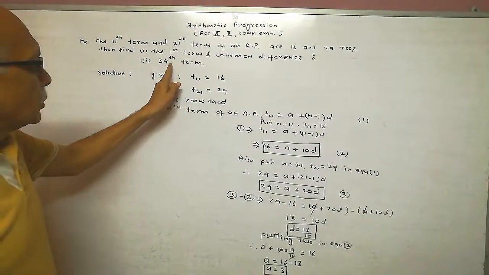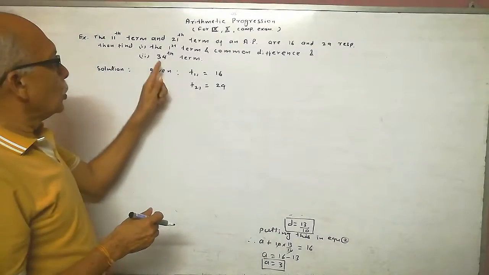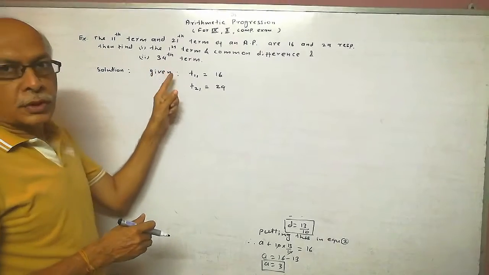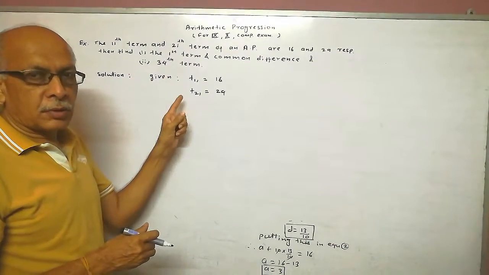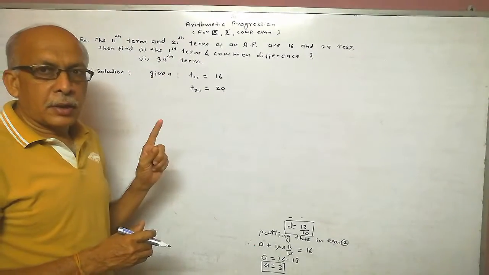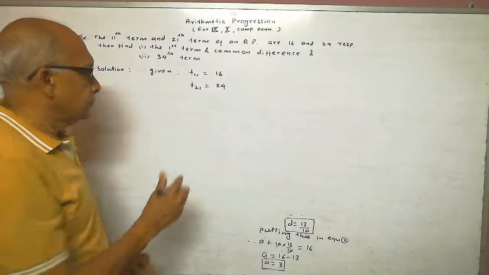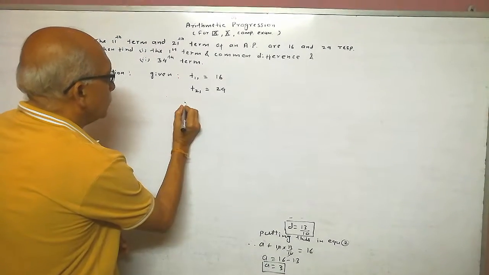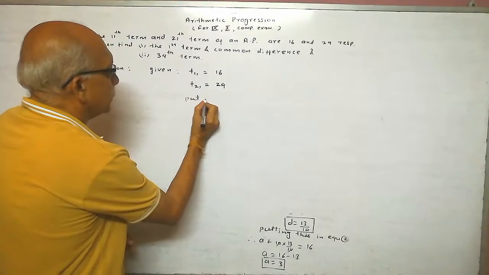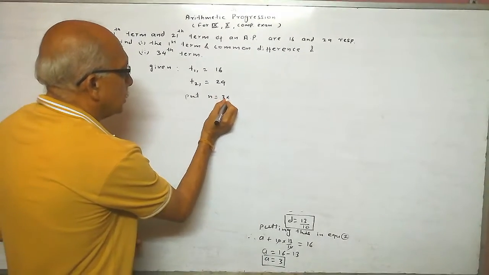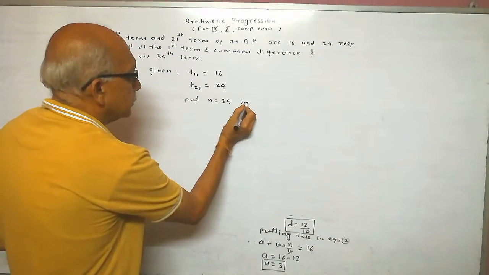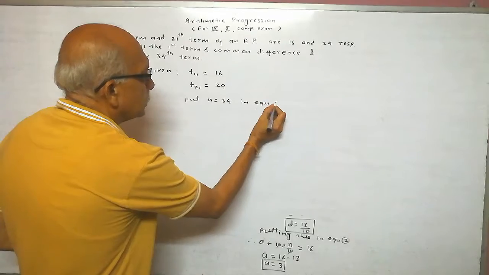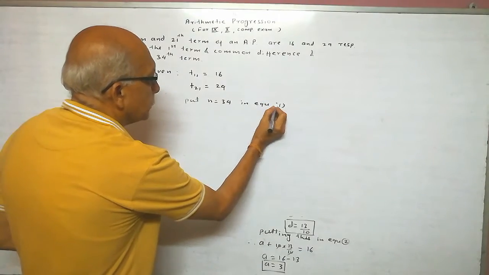Now we have to find the 34th term. To find the 34th term, again we need the nth term formula of the AP. Put n equal to 34 in equation 1.